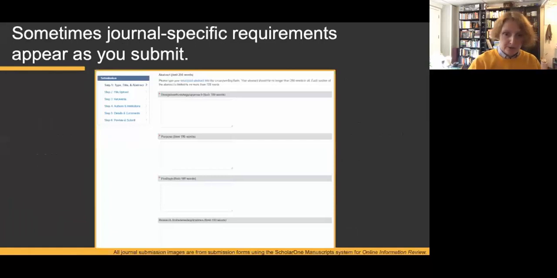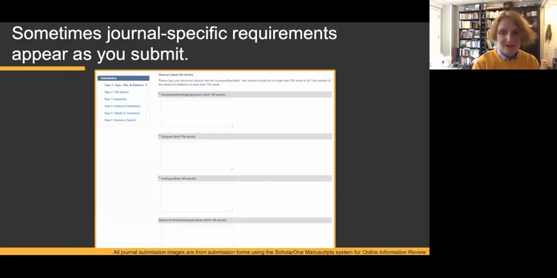Now, when you get a little bit further into this particular submission system, it asks for a structured abstract. And hopefully you'll have already realized this when you were looking at the instructions for authors and know that you have to have this structured abstract and know exactly what the word limits are for each of the portions of the structured abstract.